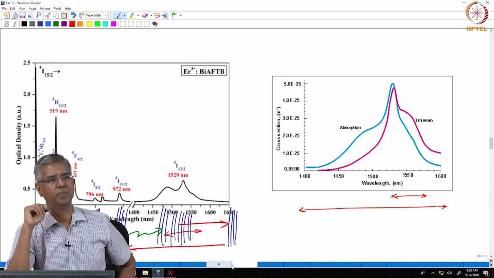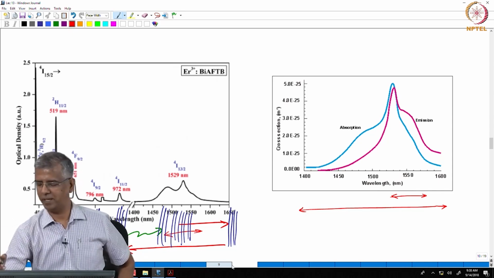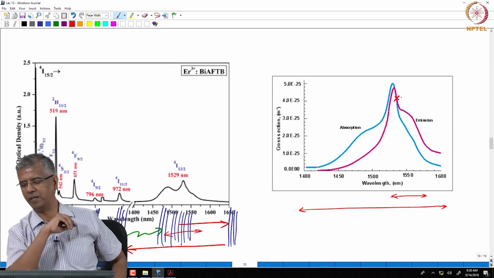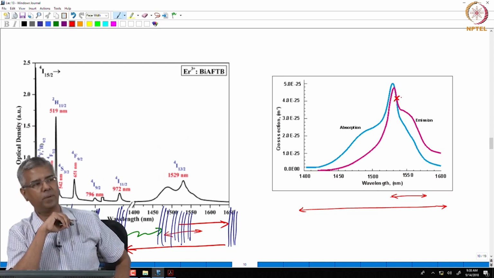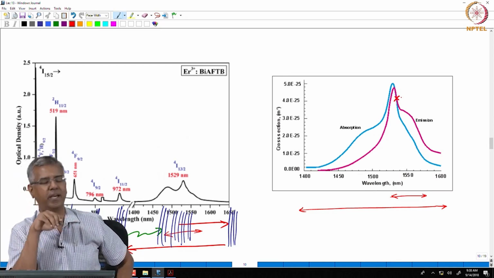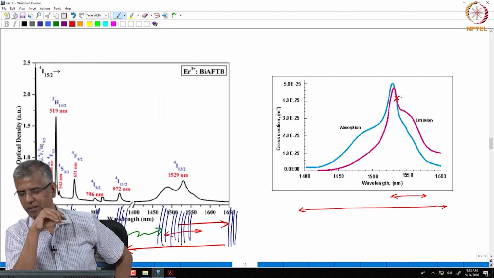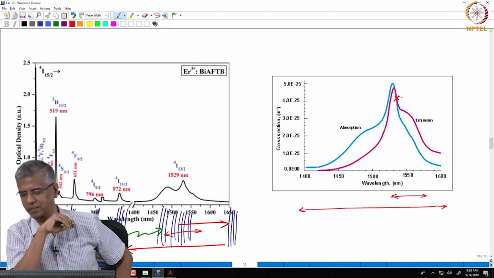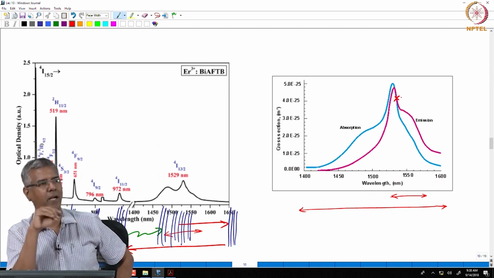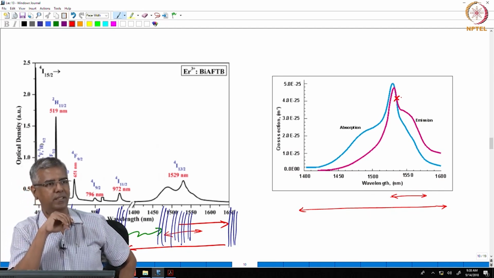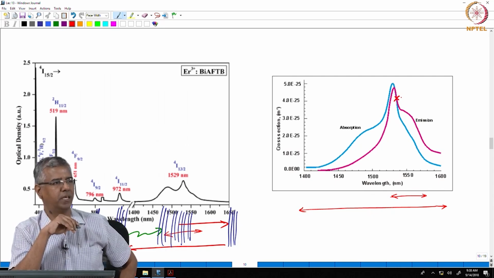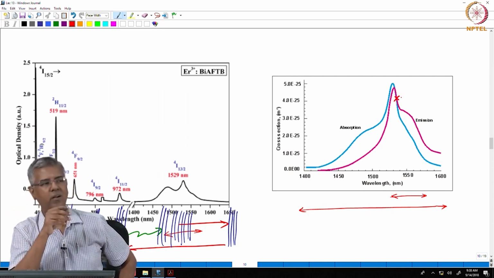They are not typically equal. In fact, there is only one particular point where they overlap, around 1540 or something like that, 1535 maybe. At that particular point they are equal, but in general they are not equal.